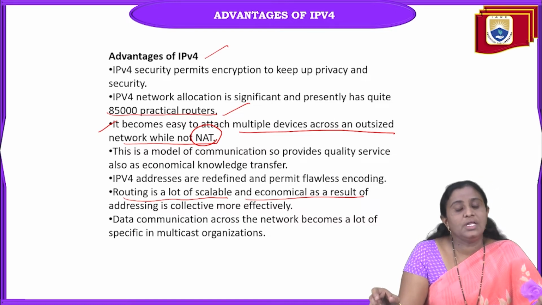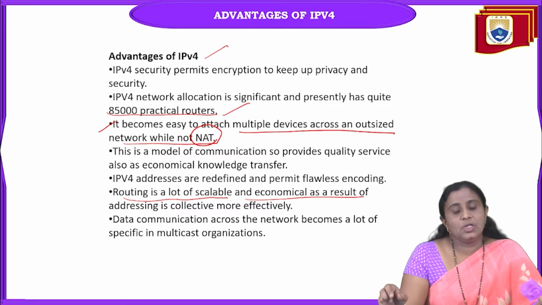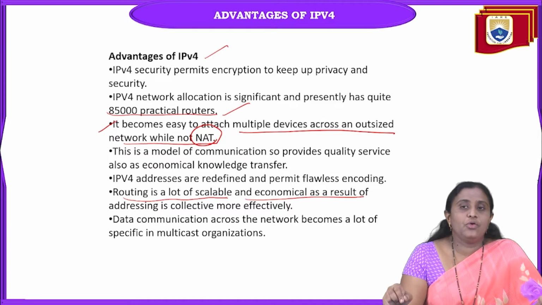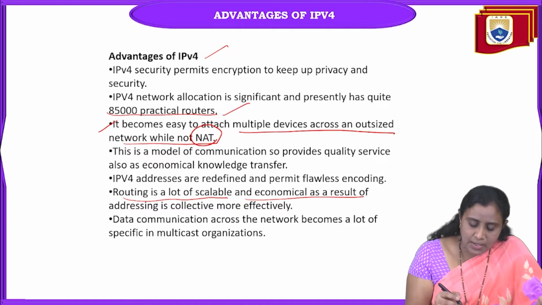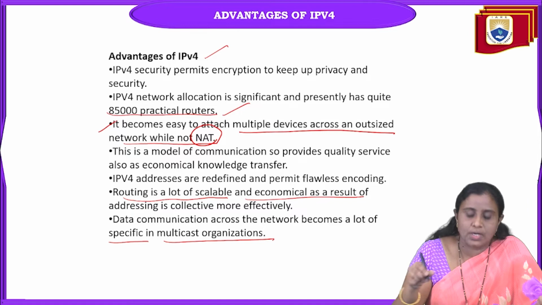Why? Because the routing can be designed, it is more scalable and economical. As a result, the addressing of routing under IPv4 is collective and more effective. And data communications across the network become more specific in multicast organization.